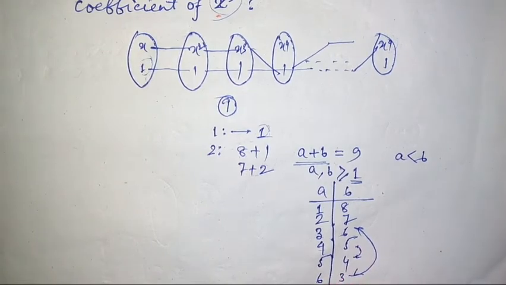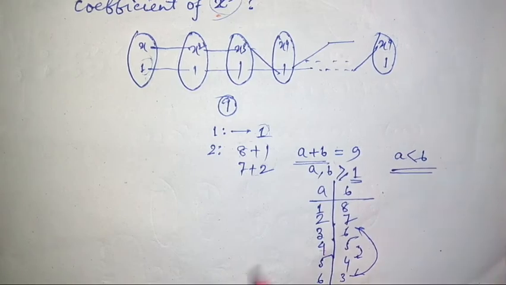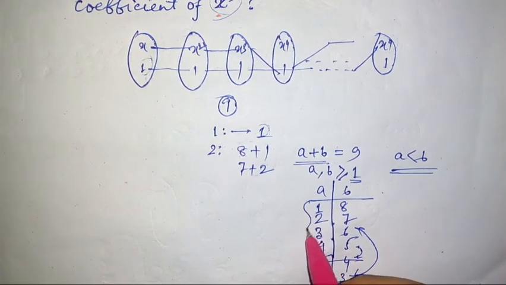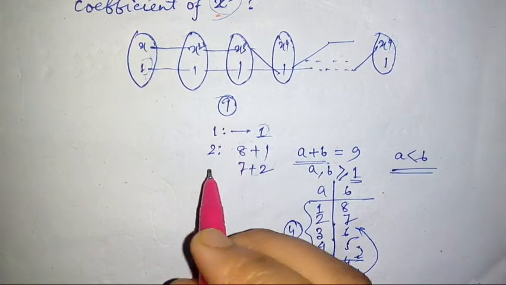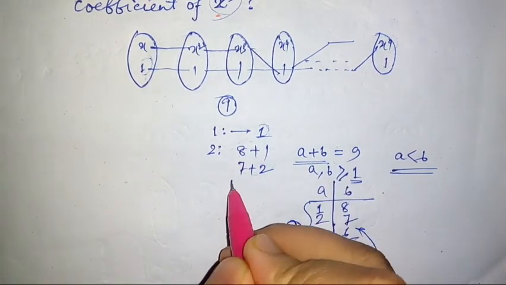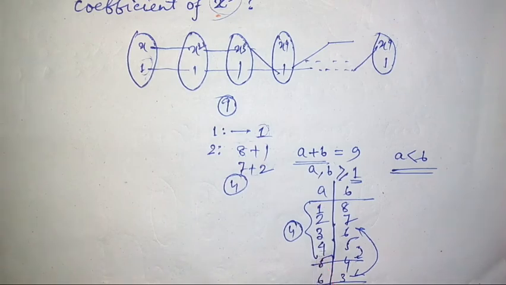So I am getting repeated results, and to avoid getting repeated results, I have to assume this inequality. If I assume this inequality, these two terms will automatically get cancelled, because 4 is not greater than 5. And once these two results are cancelled, I get a total of 4 possibilities. So if I choose two x terms, then the total number of possibilities is 4. So here the total coefficient will be 4, and here I also have 1.